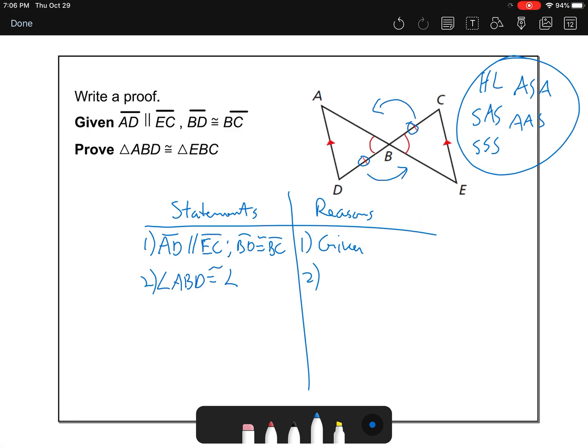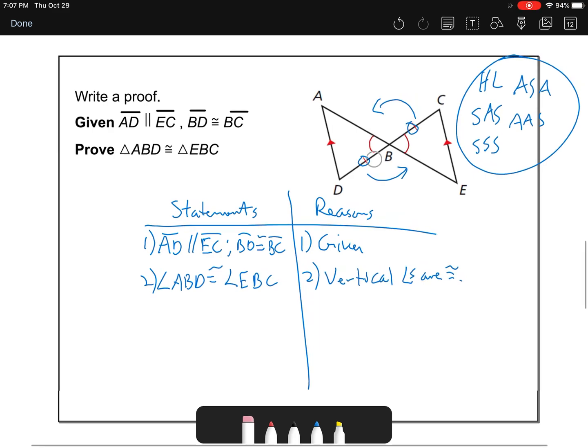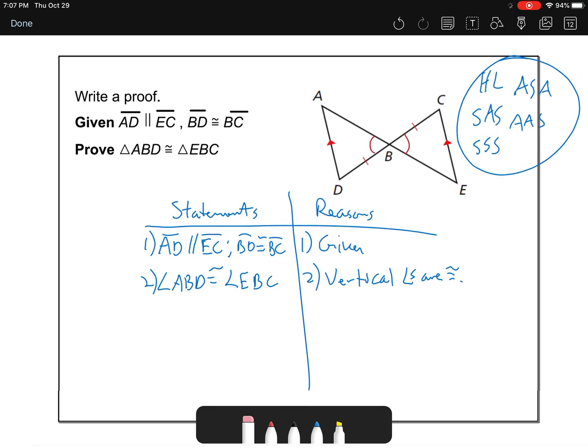So if I said ABD, that would be angle EBC. Why? Because vertical angles are congruent. It's the vertical angle theorem. Okay? So that gives me 1 angle and 1 side, a pair.